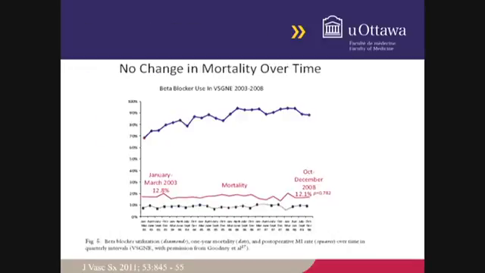Unfortunately, the evidence is not very good in how much we can optimize. This is a graph looking at mortality, and if you see the 3 lines, the bottom line is the mortality between 2000 to 2008, in a vascular group of patients that they've been working on, and the top line is looking at how much beta blockers those patients received.